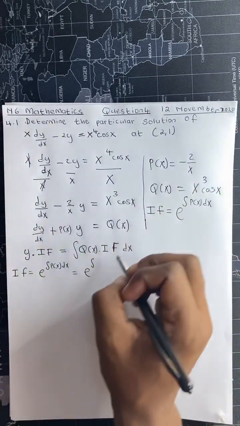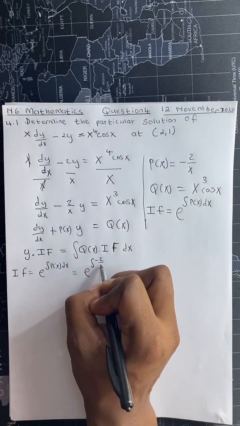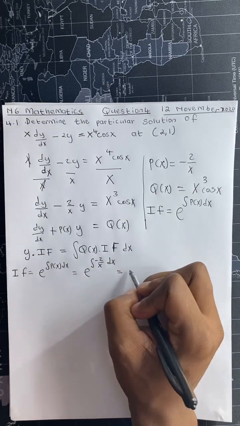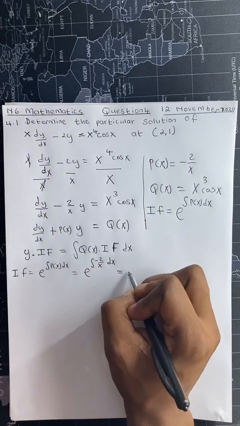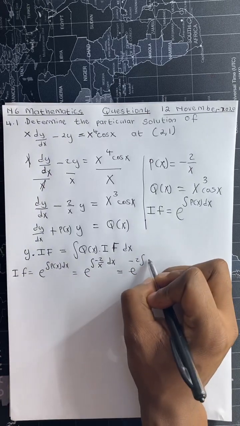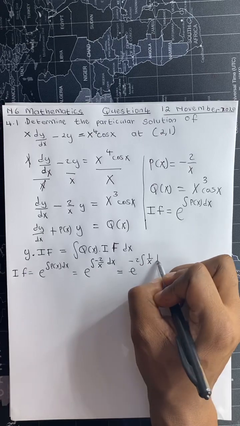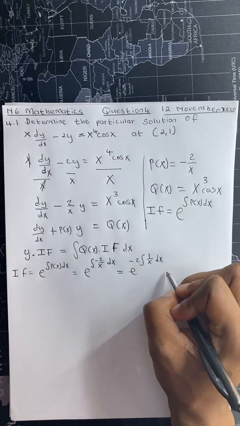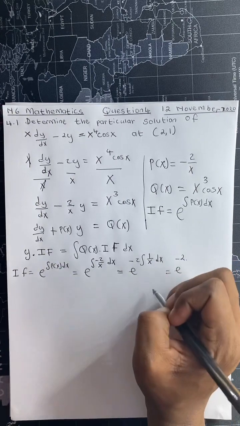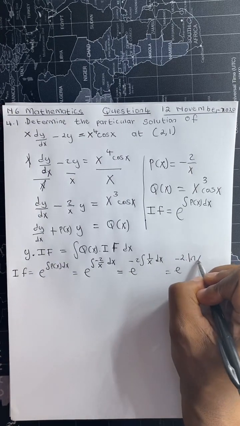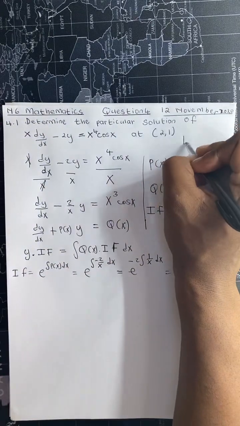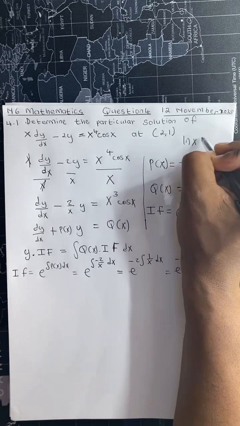So p of x is equal to negative 2 over x, and we can write this negative 2 out of the integral for simplicity's sake, so that inside the integral we have 1 over x dx. So from here we determine the integral of 1 over x, which is equal to ln x, and we know from our logarithmic laws that 2 ln x equals ln of x squared.